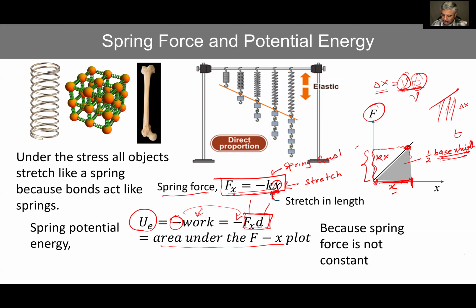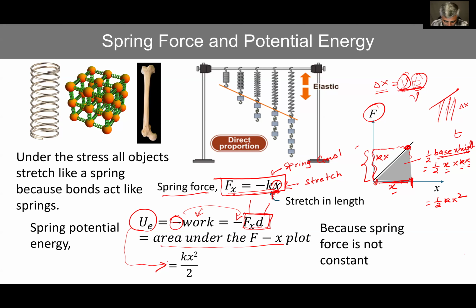So when we enter that, what happens here? Base is x, height is k times x, and half is already there. So we have half k x squared. That is the formula for elastic potential energy. And since it is x squared, whether it's stretched or compressed, which way it goes does not matter.